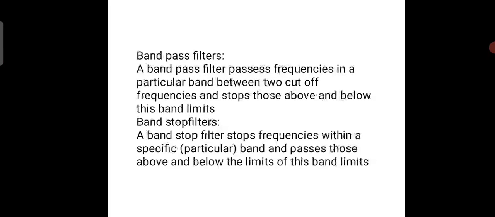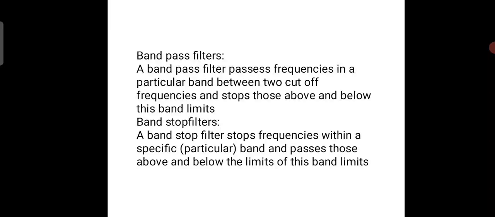A band pass filter passes frequencies in a particular band between two cutoff frequencies and stops those above and below these band limits. As I mentioned, cutoff frequency means a reduction of the maximum value to half of its strength, that is the signal strength is reduced to half of its value.